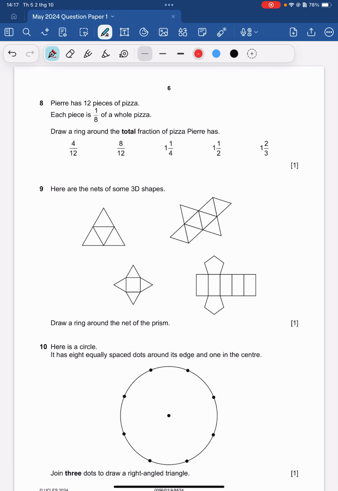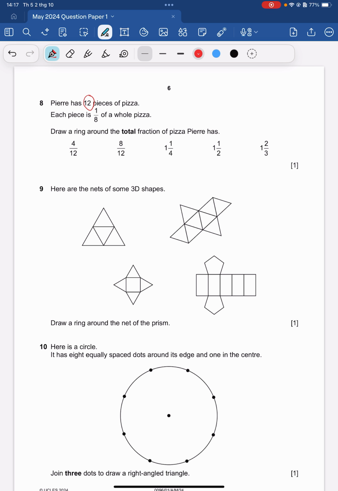Okay, exercise 8. Draw a ring around the total fraction. Pierre has pistachio pieces. Okay, so he has 12 pieces. A piece is 1/8 of the whole pistachio. Total fraction.